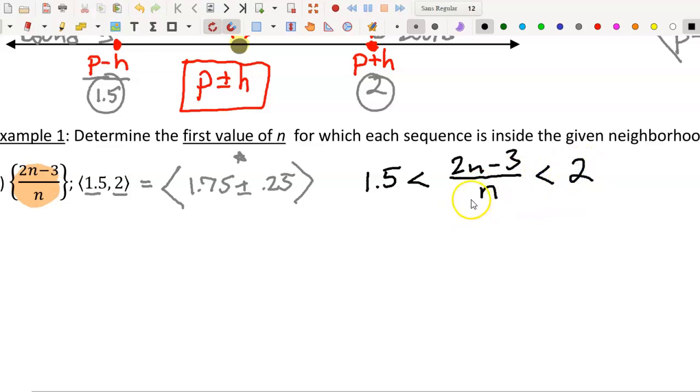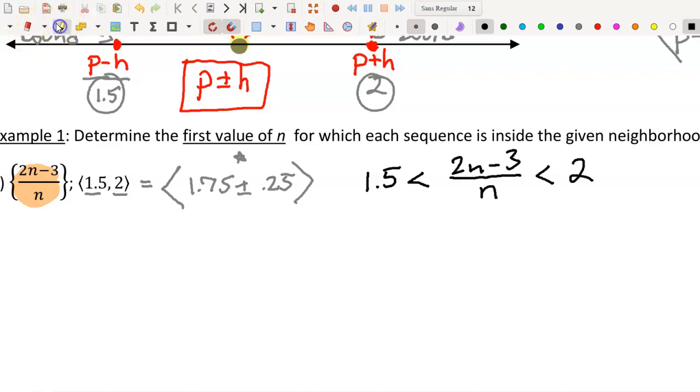Written this way, this is called an in-between statement. So I want to know where the values of this expression are in between or equal to these values, the lower bound and upper bound. And I basically have to solve two different inequalities.